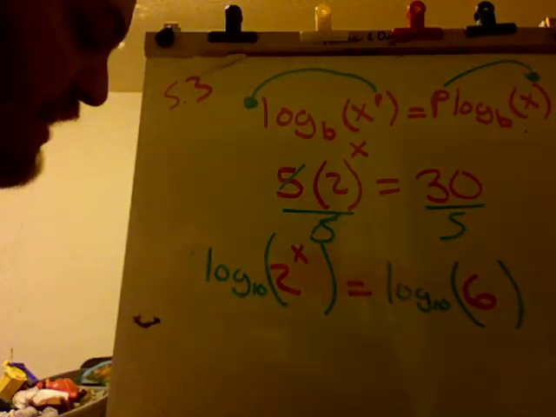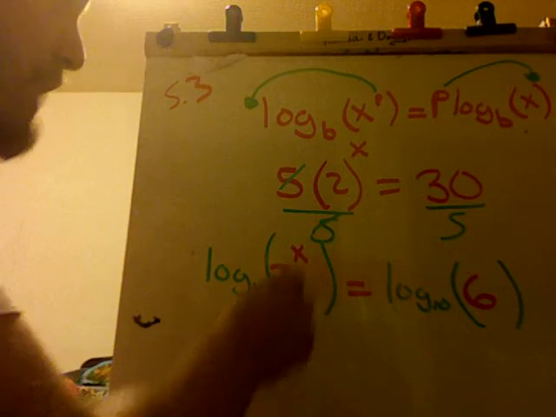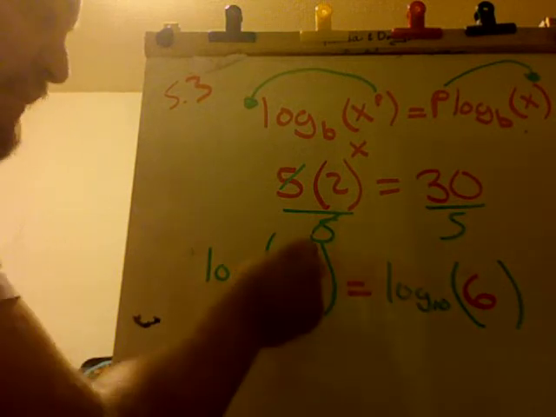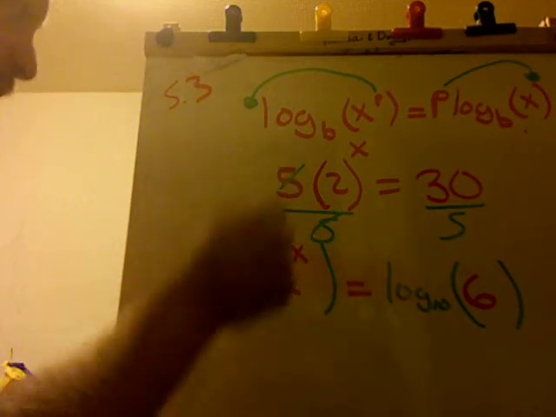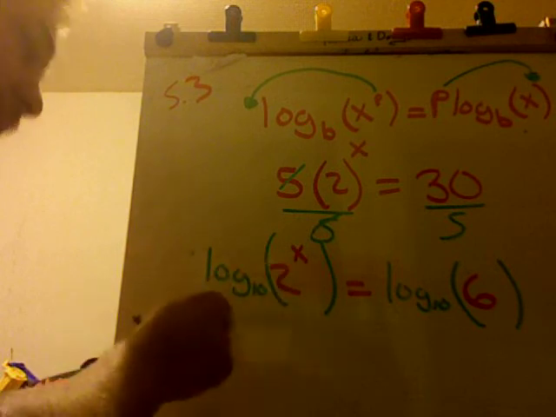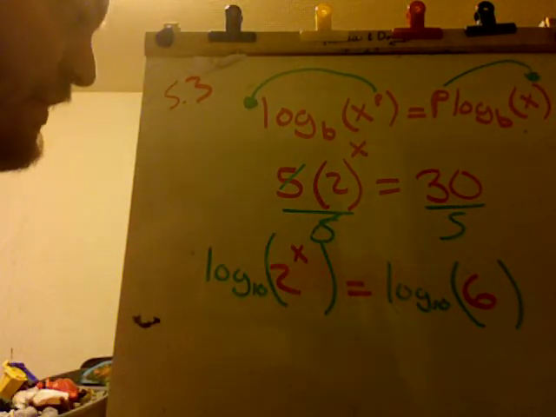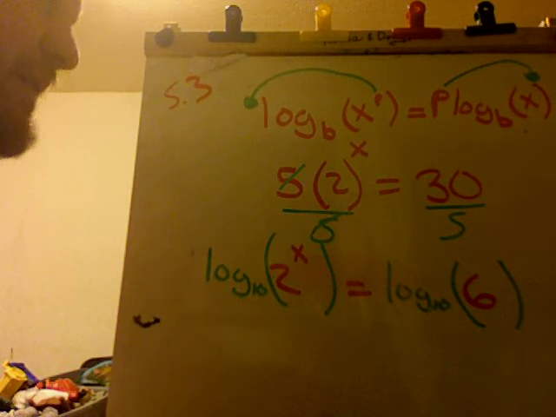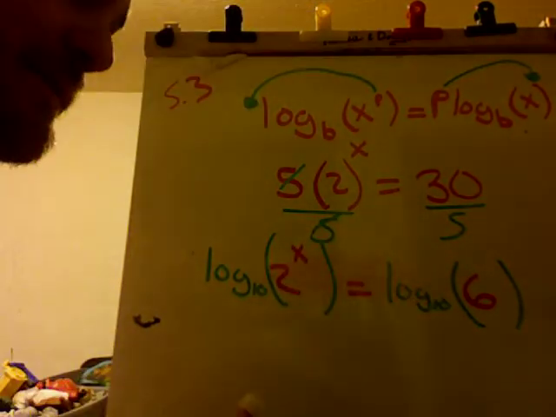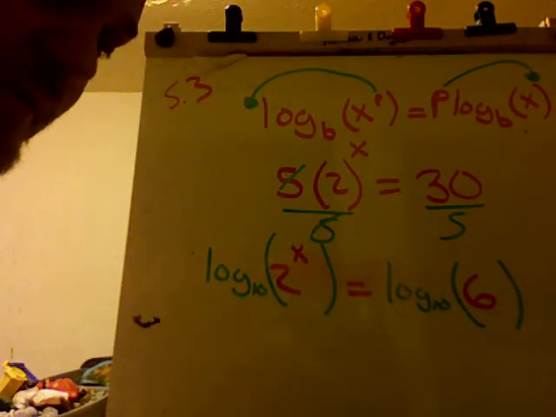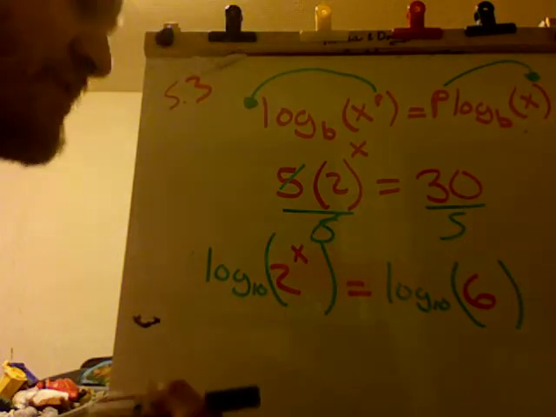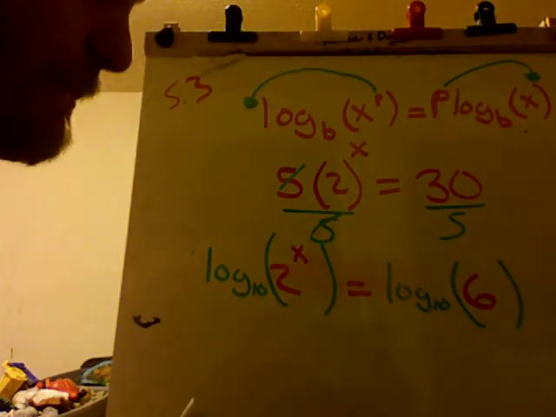Now why can I take the log of both sides? Well, the 2 to the x here equals a 6, so that 2 to the x is itself a 6. If I operate on that 2 to the x, and do the same operation on the 6, I haven't done anything wrong. Whatever I do to one side of the equation, as long as I do it to the other side, I'm okay.